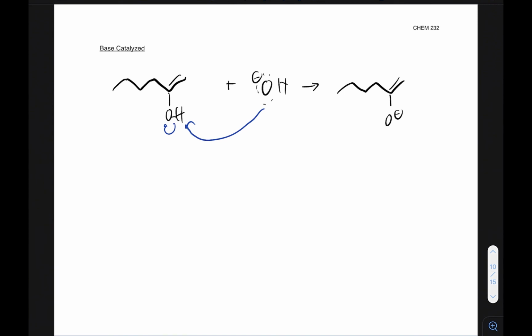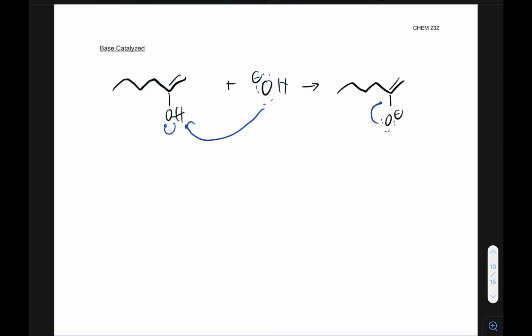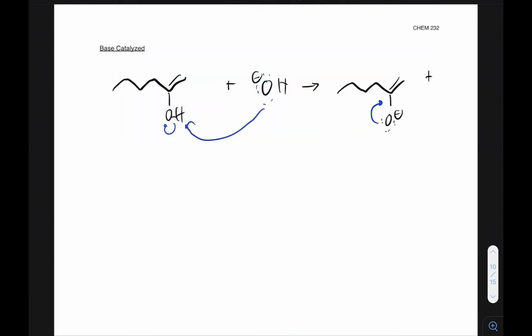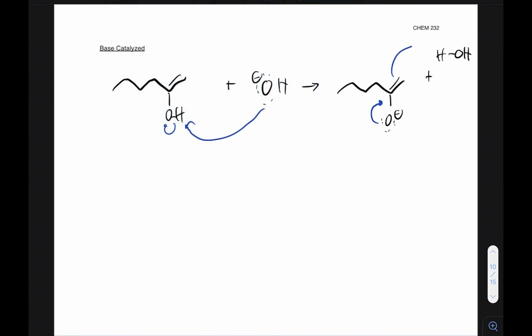And so for the following step, we see these electrons come down, and then the alkene here will grab a proton from somewhere. So we can use H plus or water, for instance, to get to our more stable ketone.